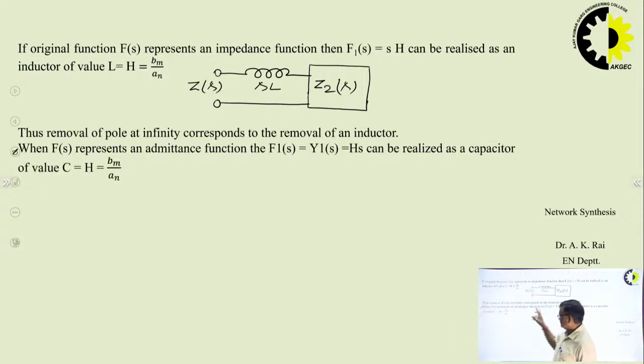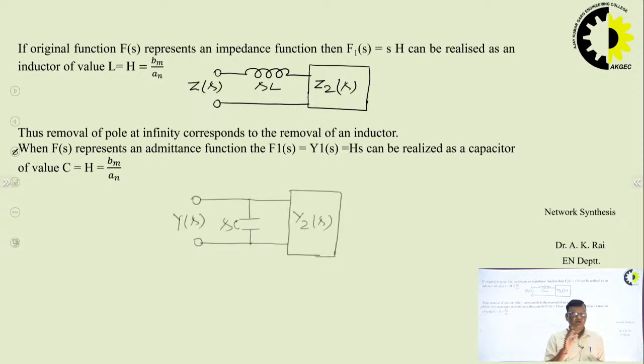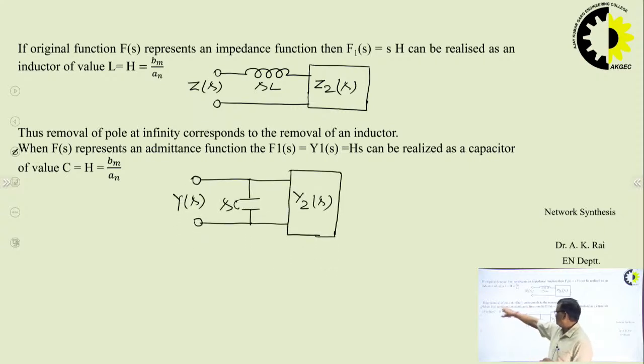Suppose your driving point network function is an admittance, a driving point admittance function. Then removal of pole at infinity will give a capacitor of this value.